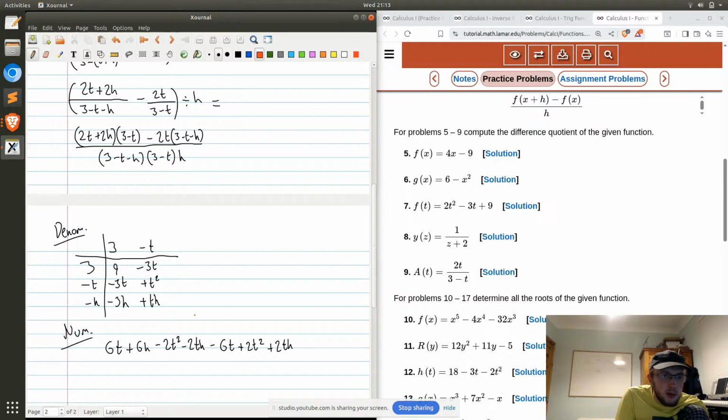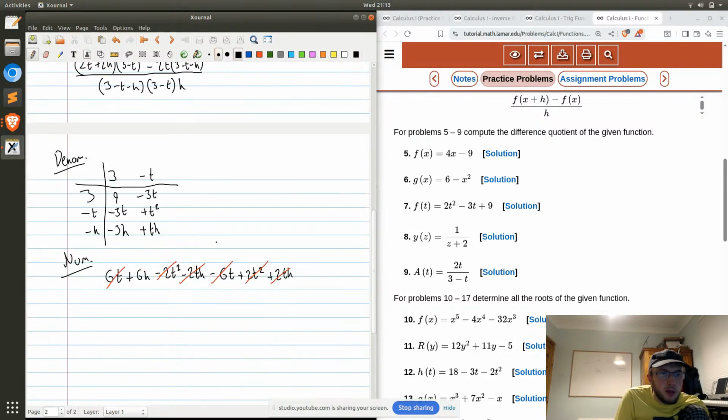And what cancels? That one, and that one, and that one, and that one, and that one, and that one. So 6h on the top, so 6 on the top.